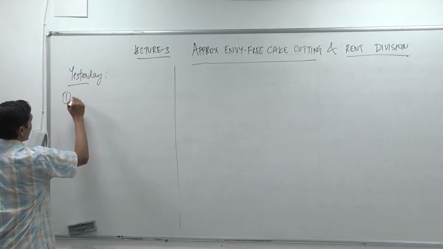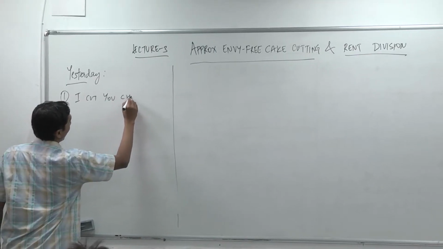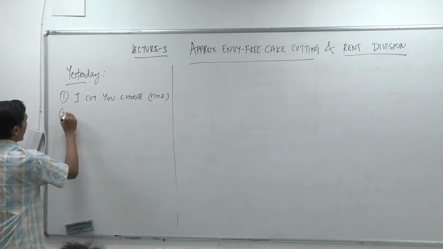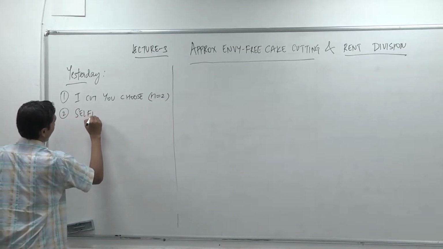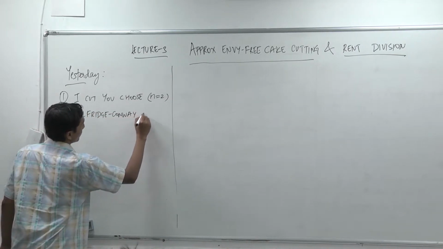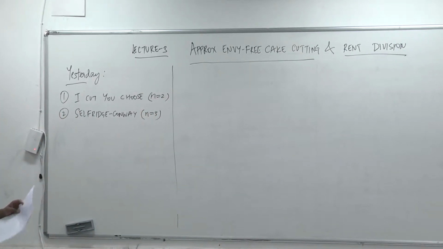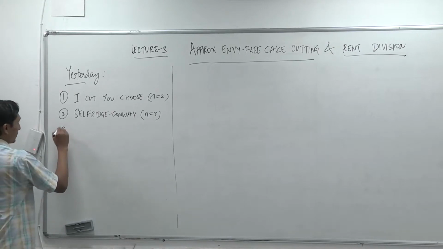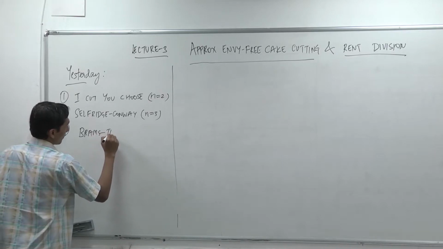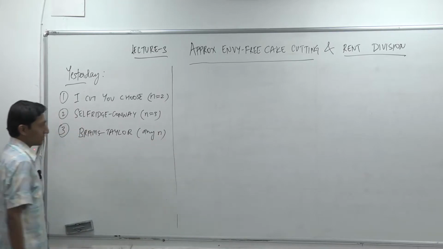So we looked at I cut, you choose. This was for 2 agents. We looked at Selfridge-Conway for 3 agents, and I sort of hand waved about what happens for a larger number of agents. So we talked about the Brams and Taylor protocol, which works for any n, but there was an issue.